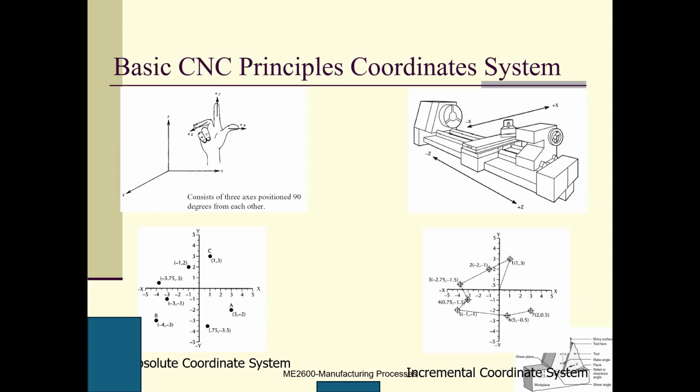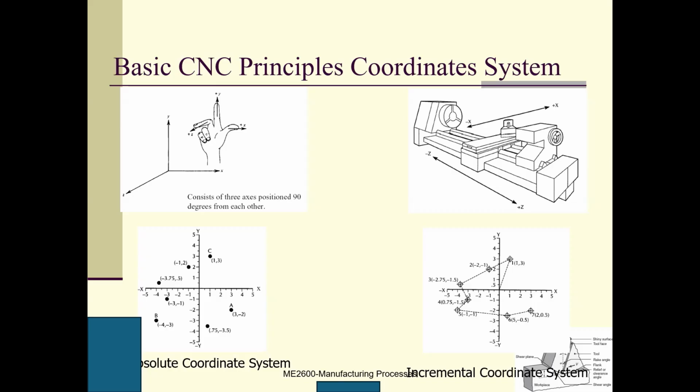For X, Y, Z, it consists of three axes positioned 90 degrees from each other. We still use the right-hand rule: X, Y, Z. We still follow the right-hand rule from X to Y, and our thumb points in the direction of Z.